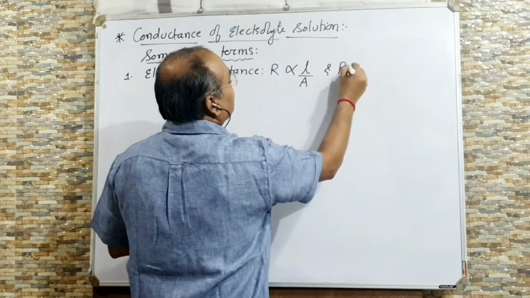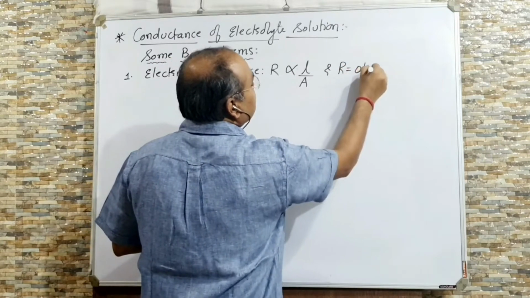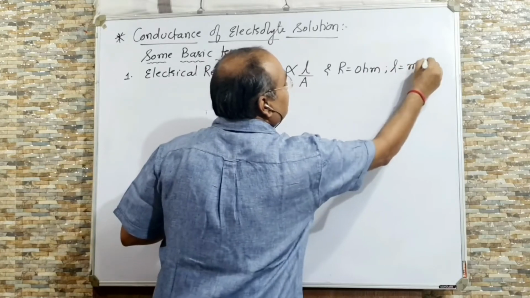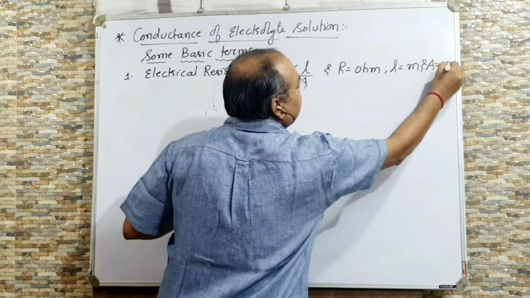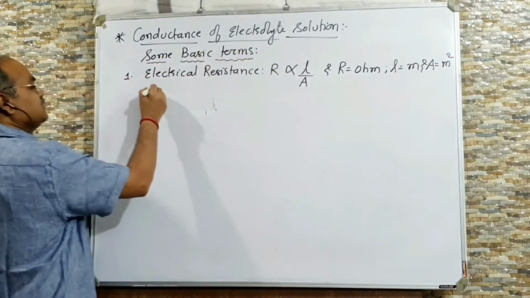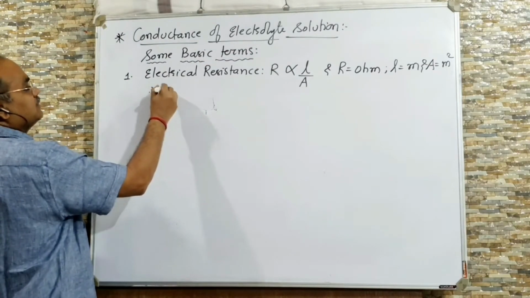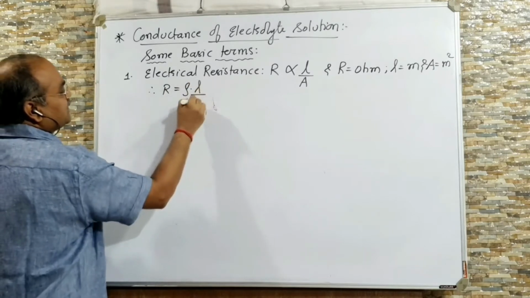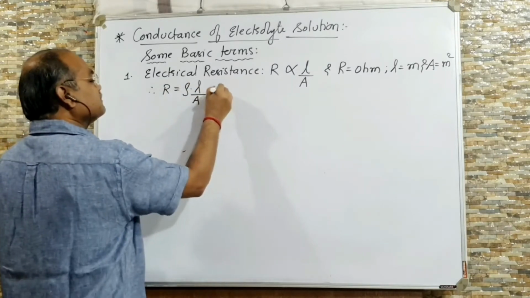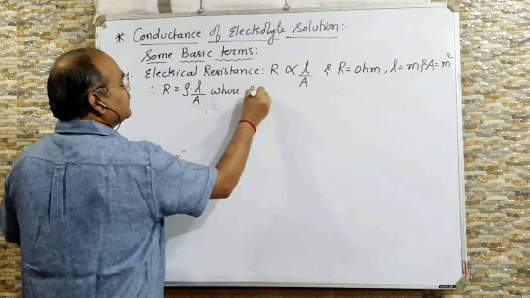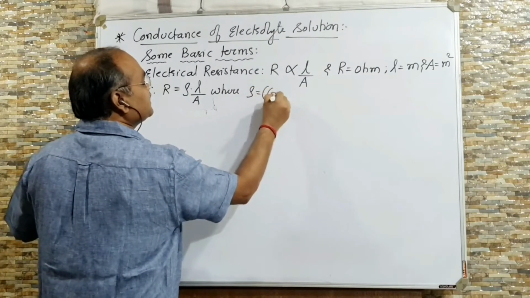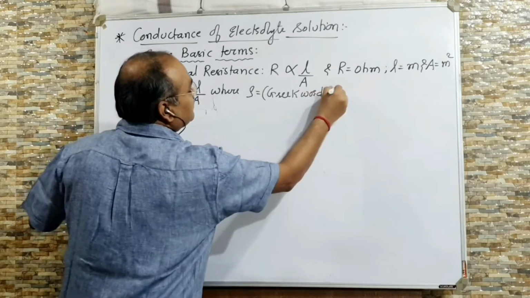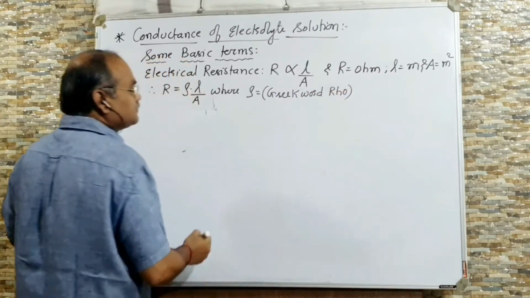And R is measured in ohm, length is measured in meter, area is measured in meter square, right? And therefore, can I write R is equal to rho L by A, where rho is a Greek word, RHO, rho, right?